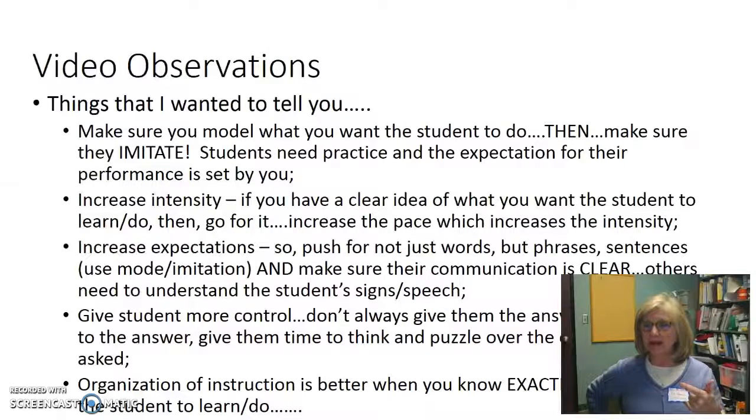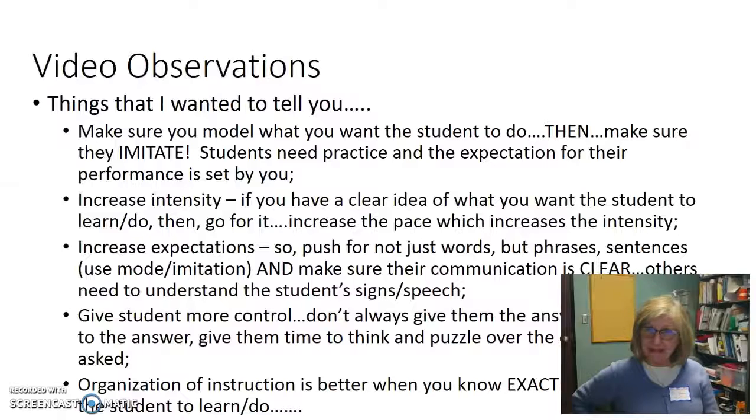The model isn't enough. They have to actually give it back to you in some form. It may not be perfect, but work toward getting the whole imitation. Get that routine of imitation set so they know they have to do it.